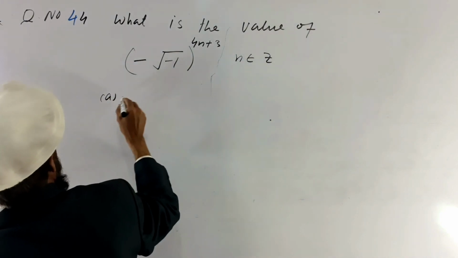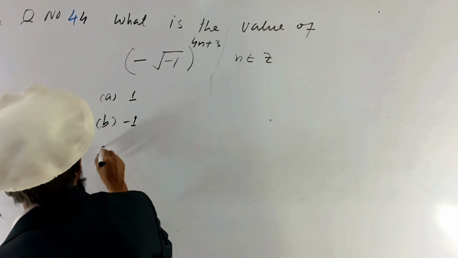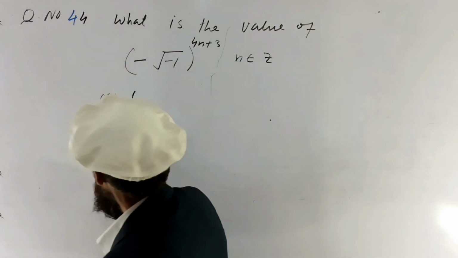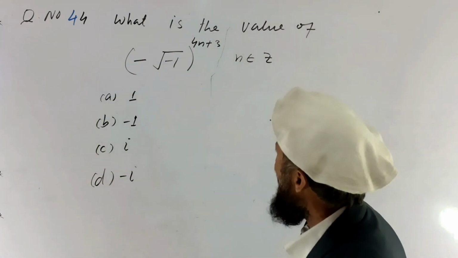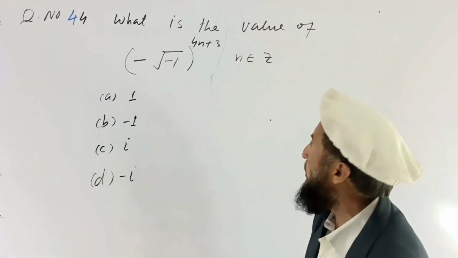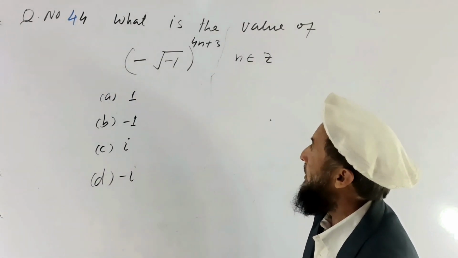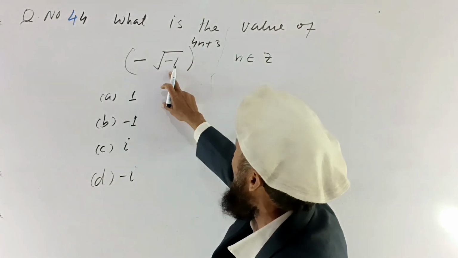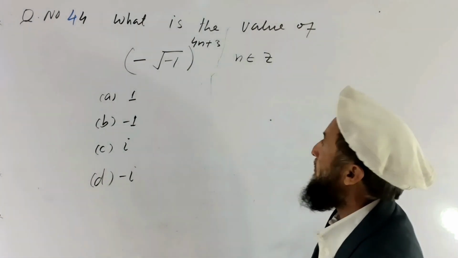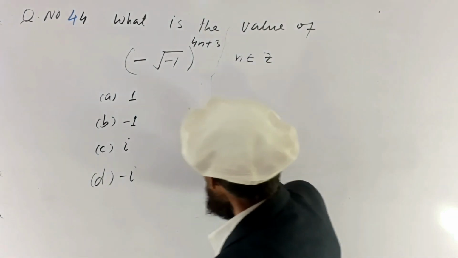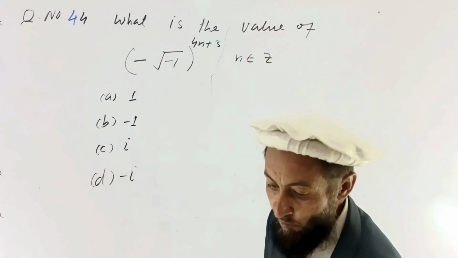Answer options are a) 1, b) minus 1, c) iota, d) minus iota. So we have already discussed in the previous video 4n plus 1 is an odd number, and minus 1 iota we get already in iota form and minus 1. So the correct answer will be equal to C, iota.